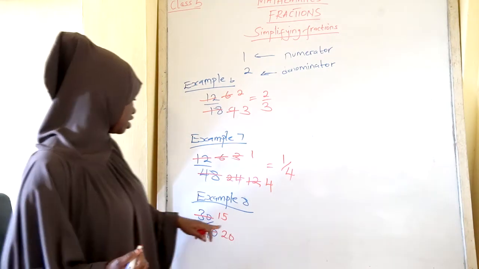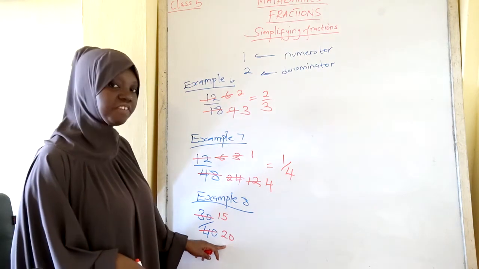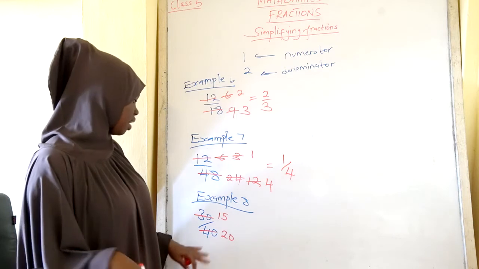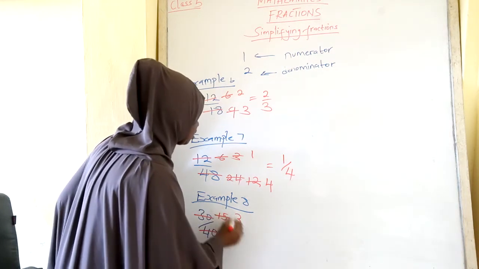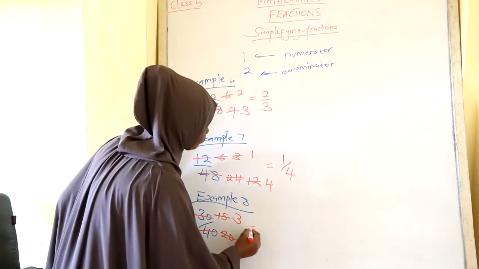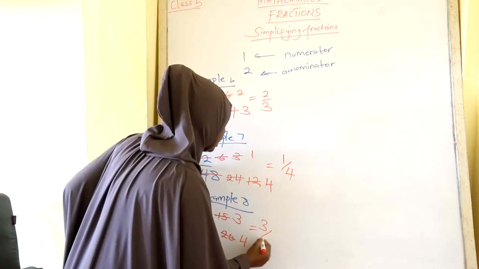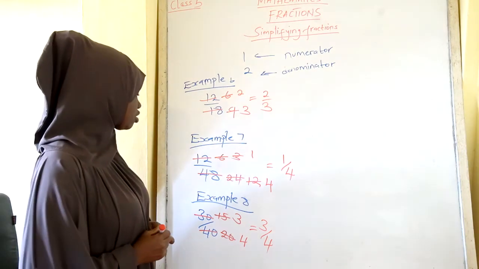So our fraction is 15 out of 20. But there is also another common divisor that can still divide this fraction. That is number 5. So 15 by 5 will be 3, and 20 by 5 will be 4. So 30 out of 40 in its simplest form will be 3 out of 4. I hope that is also clear.